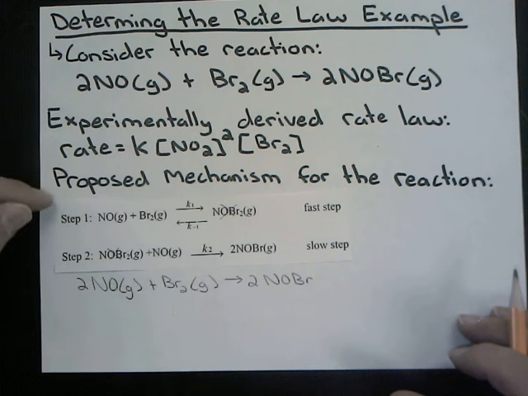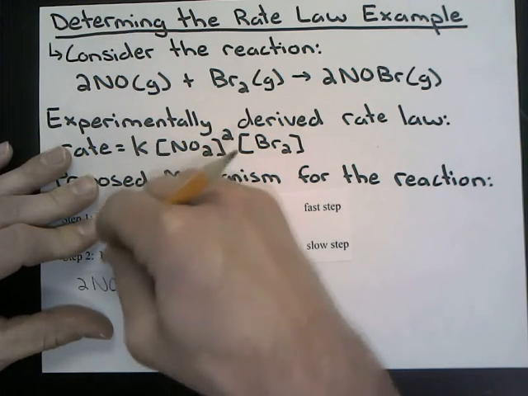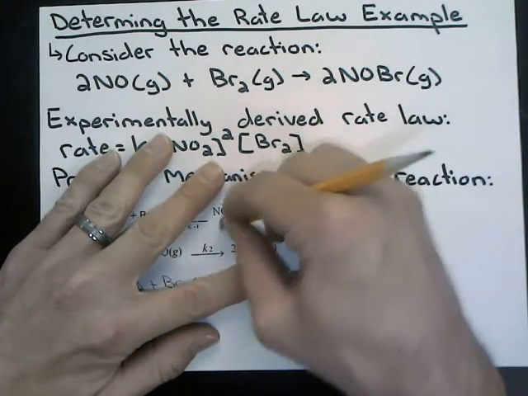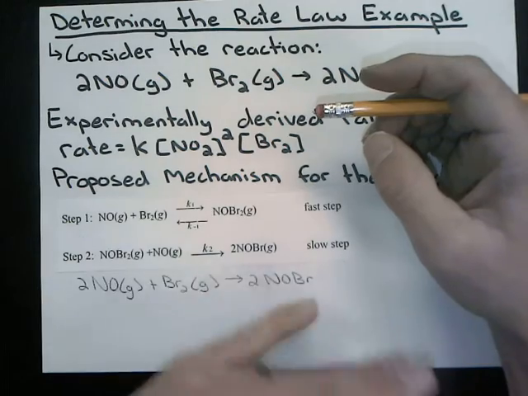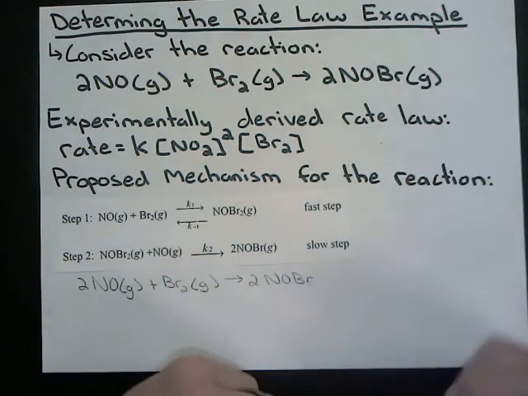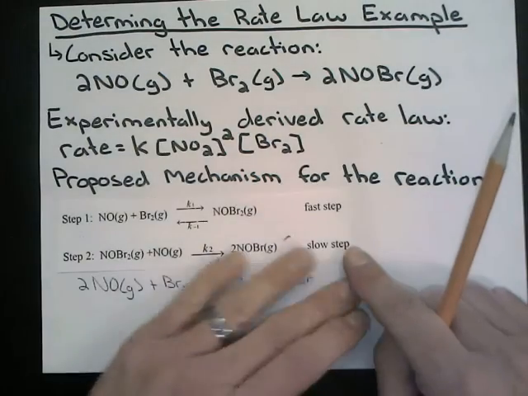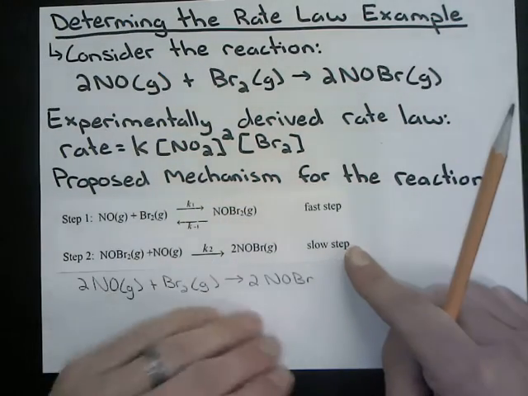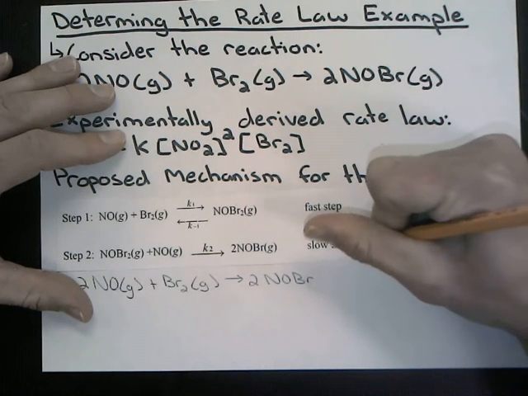Now we check and make sure there are no termolecular steps. There are not. Remember, that's three or more substances. Then we have to figure out the rate law. The rate law is determined by the slowest step. The slow step here is step number 2, and if we go by this step, we can write the rate law as follows.